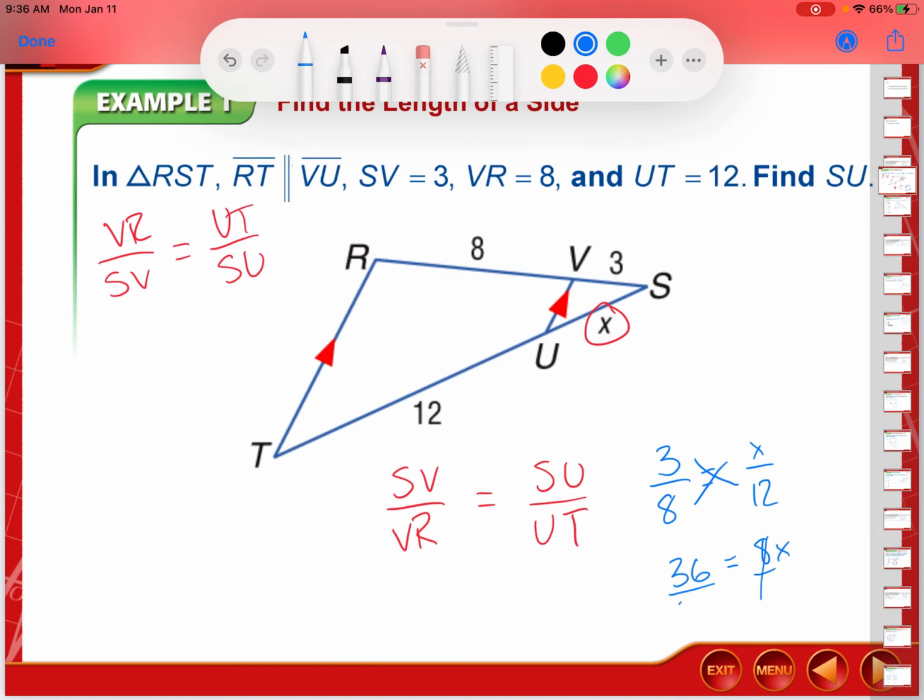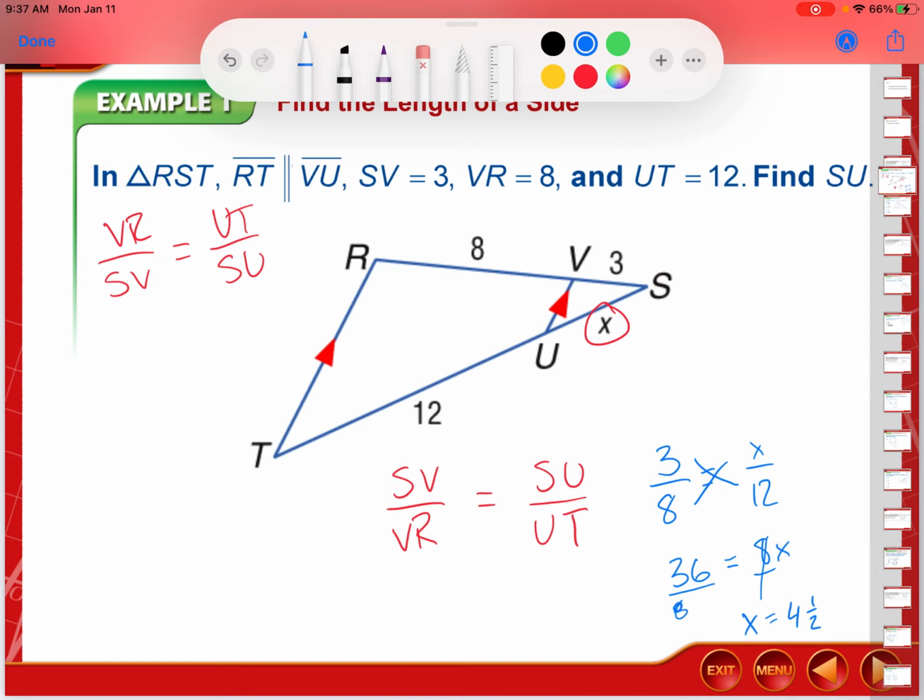I would say x equals four and a half. x equals 4.5, I suppose, right?